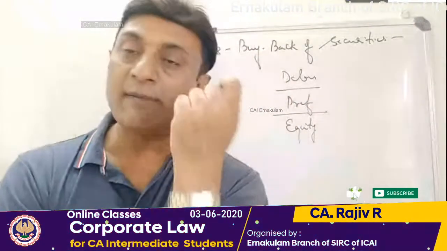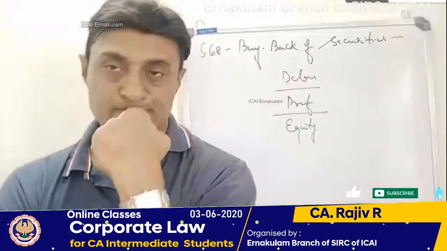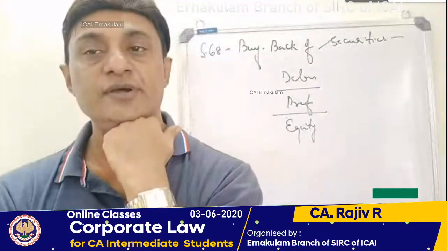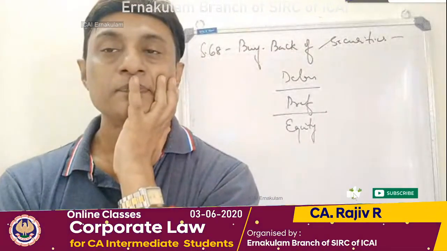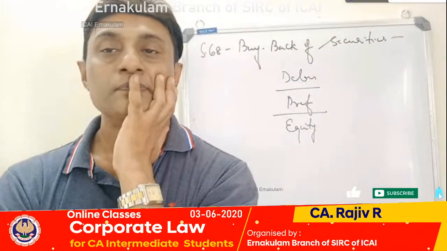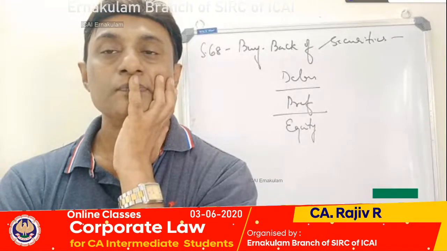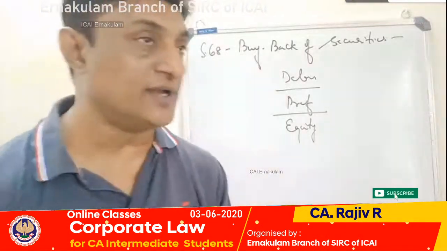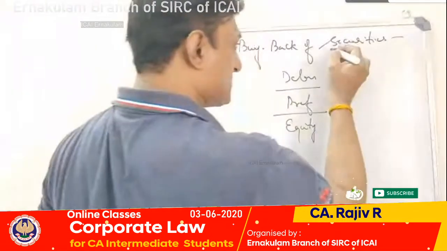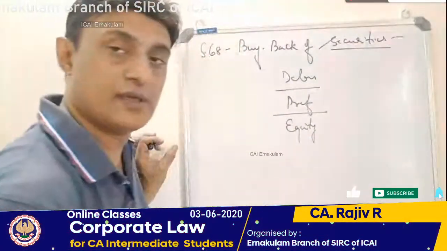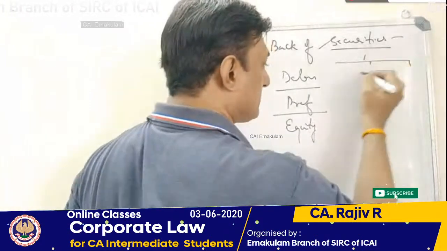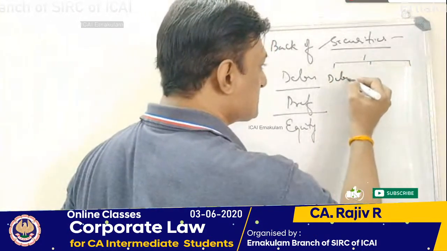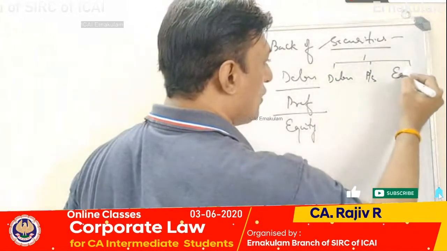The Companies Amendment Act 2006 brought in the provision of buyback. Now, buyback, and look at the word that I use, it is securities, which means any security can be bought back, whether they are debentures, preference shares, or equity.